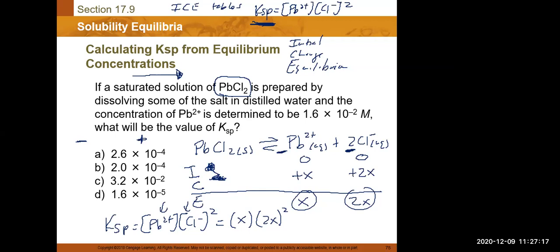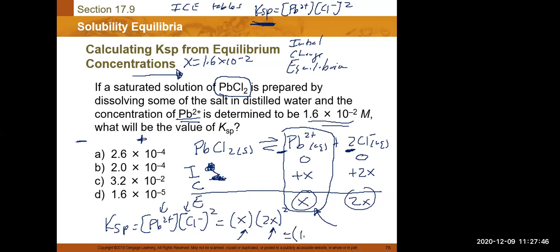Now, the one thing that we do know is when we reach equilibrium, we have a concentration of lead that is 1.6 times 10 to the minus 2, which, if we look at our table, is what x equals in this case. So we know from the problem that x is equal to 1.6 times 10 to the minus 2, and that is this x here and also this x here. So we actually have everything we need.